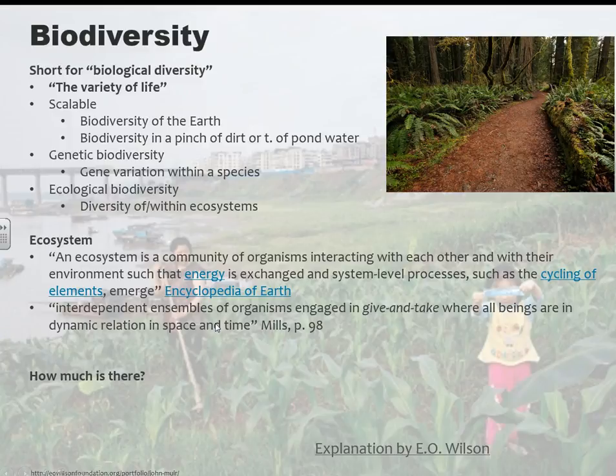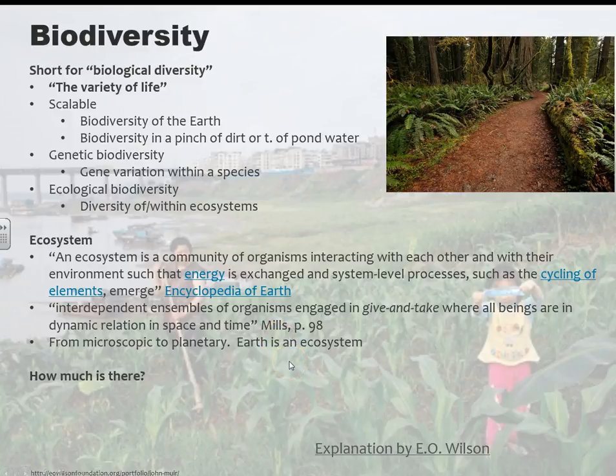And again, ecosystems are very much scalable. If you would go out and scoop up that little pile of dirt, there's an ecosystem existing within that pile of dirt. There are organisms that do have a relationship in there. But the Earth is also considered by ecologists and biologists to be an ecosystem.